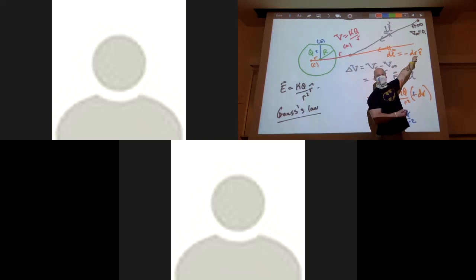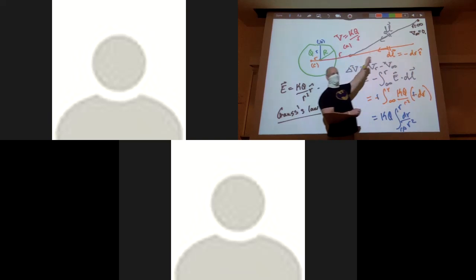But what does this actually mean? What this means is that the potential at this point, which is kq over r, is the potential relative to spatial infinity, where the potential is equal to 0. So what this is actually telling me is it's a potential difference between this point and spatial infinity. Make sense?